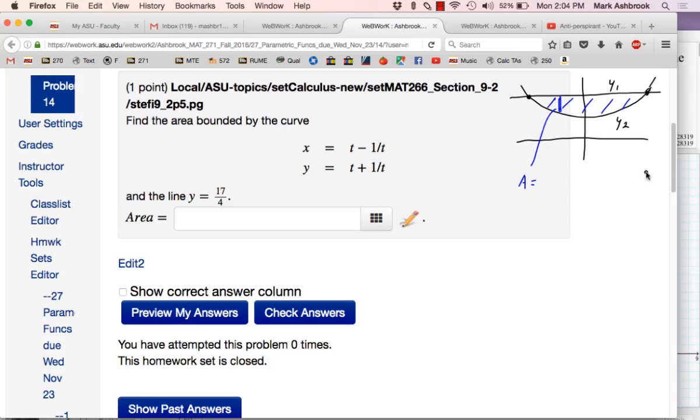The height of this strip is a change in y, right? And it's going to be y2 minus y1, or the way I wrote it, y1 minus y2. That's the height, and then the width of it is going to be delta x.